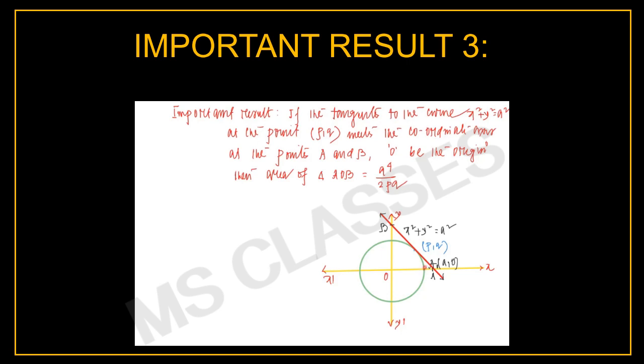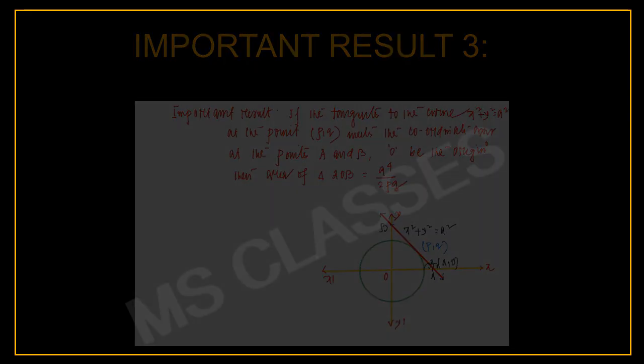So the triangle AOB will be this one. Area of the triangle AOB will be a to the power of 4 by twice pq. We can prove this very easily.